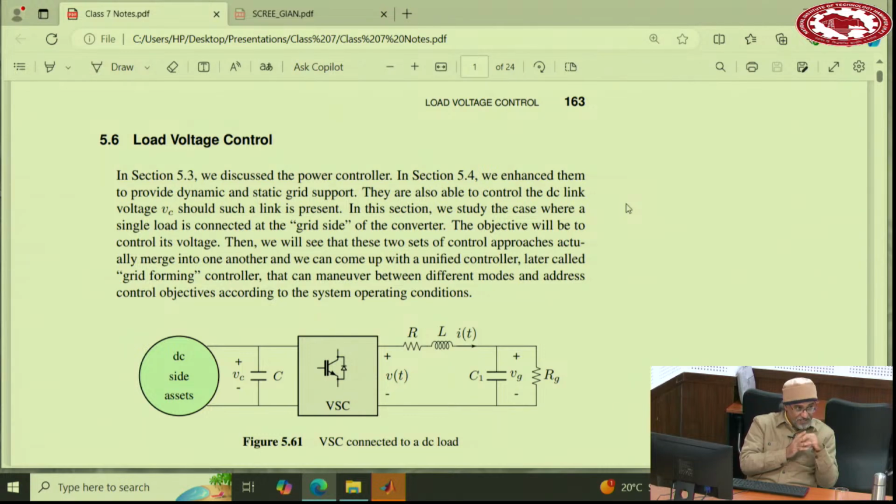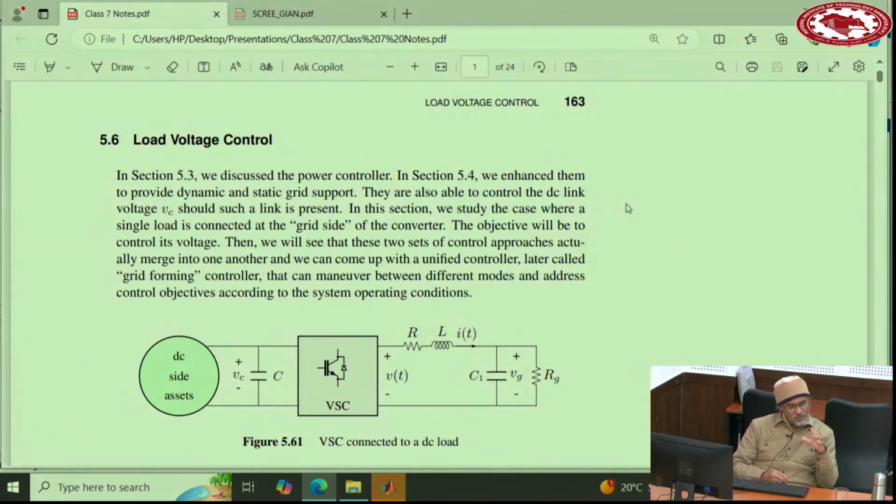but I'm going to say that later because we haven't got to that point. And grid supporting, right? So all these three basically assume that there is a grid. So there is a grid, you just feed to the grid, or you follow the grid and support the grid. If the grid goes up and down, has some fluctuations, you support the grid, either inertia or static support, droop support, or both of them, right?